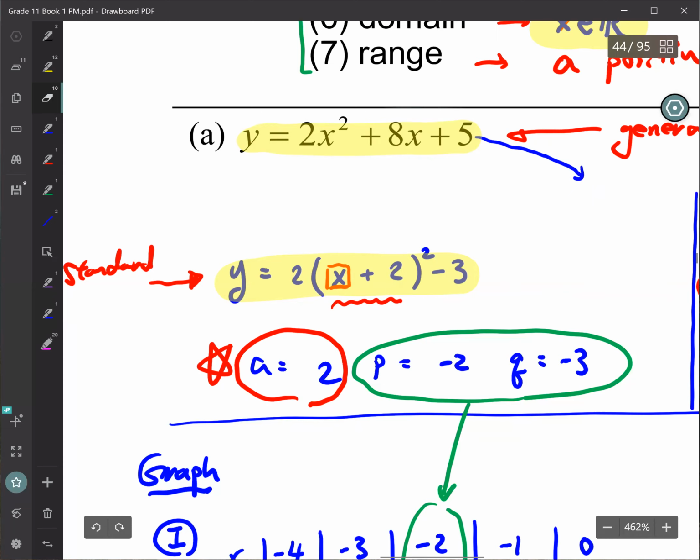So you see, I erased the step. How do we start? Y equals 2, we're going to bracket x. You look at the first two terms, okay?